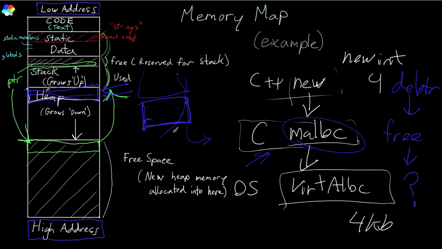Now, normally for the programs that you write, using the C allocator is good enough for our purposes. Or sometimes if you want to do custom allocation, you use the C runtime to allocate a big block of memory, and then you do custom allocations inside of that memory space.